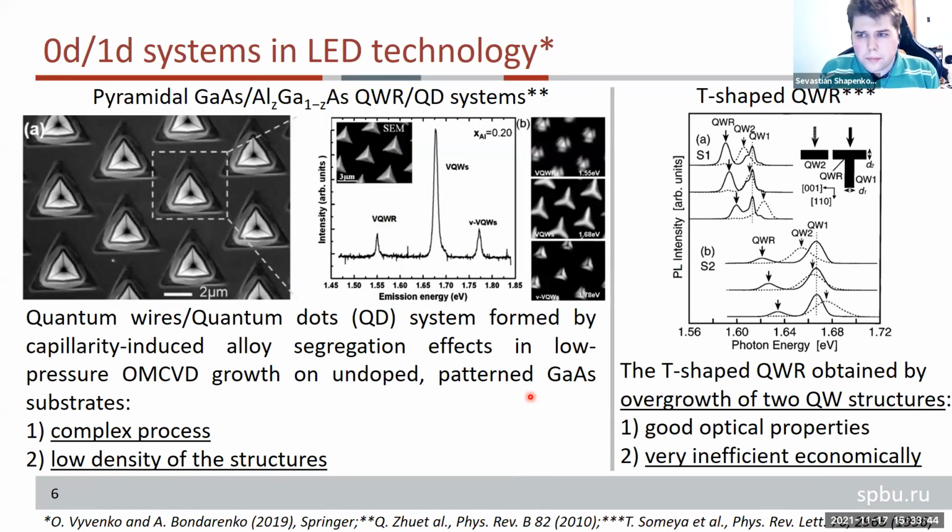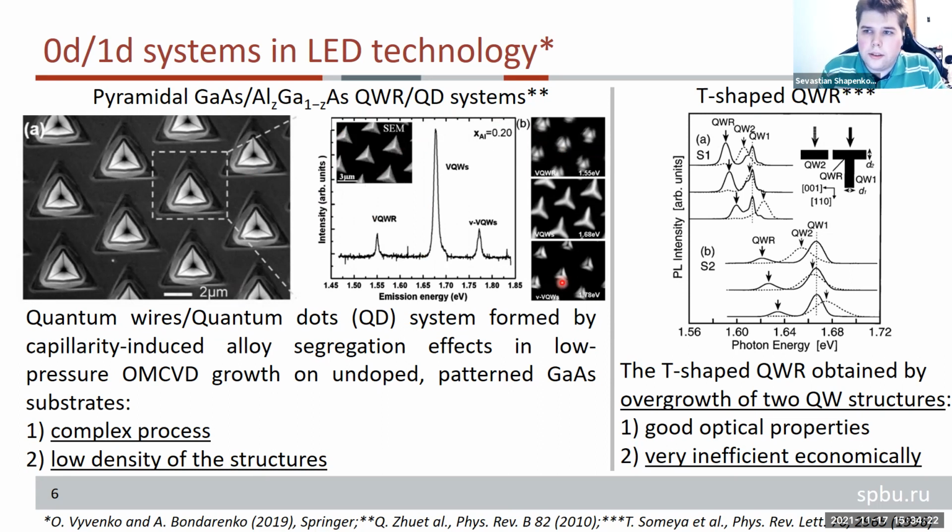These systems are used in production of LEDs. I believe that direct growth of quantum wires was discussed a lot in this conference. So here I show two different approaches for acquiring these systems for LEDs. The first one is the use of patterned sapphire substrate for growth of gallium arsenide pyramids, utilizing capillarity-induced alloy segregation to acquire quantum wire and quantum dot systems.